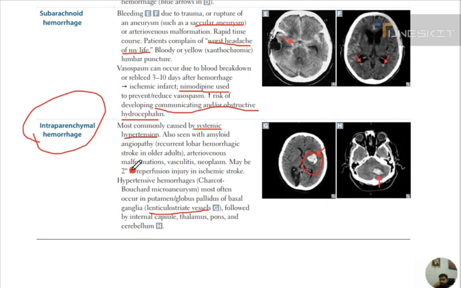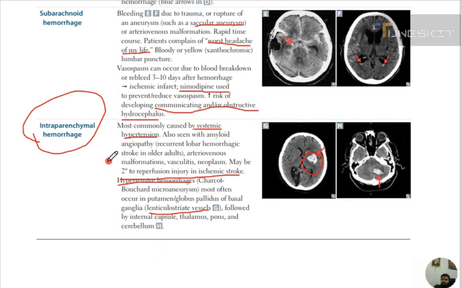May be secondary to reperfusion injury in ischemic stroke. It is a hypertensive hemorrhage. Charcot-Bouchard aneurysm most often occurs in the putamen and globus pallidus of the basal ganglia, which show the lenticulostriate vessels, followed by the internal capsule, thalamus, pons, and cerebellum.